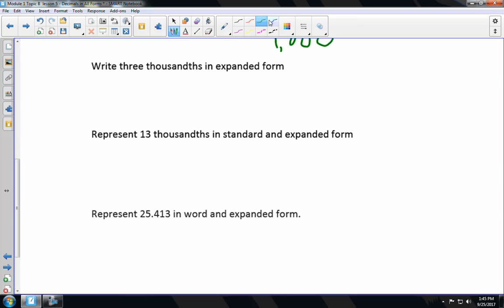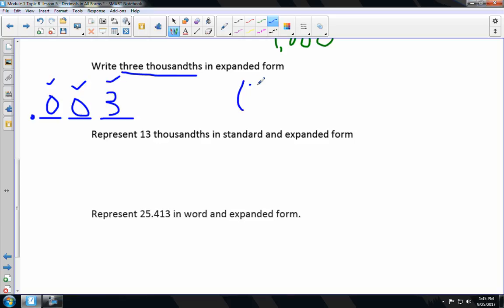And try some more. We have three thousandths in expanded form. Well, first I'm going to do standard. So we had our decimal, tenths, hundredths, thousandths, and there's 3 in the thousandths place and nothing in anything else. So now I can look at this and try to figure out how am I going to take this and change it to expanded form. Well, there's a 0 here, so I don't have to do anything, and a 0 here, so I don't have to do anything, and now there's a 3.